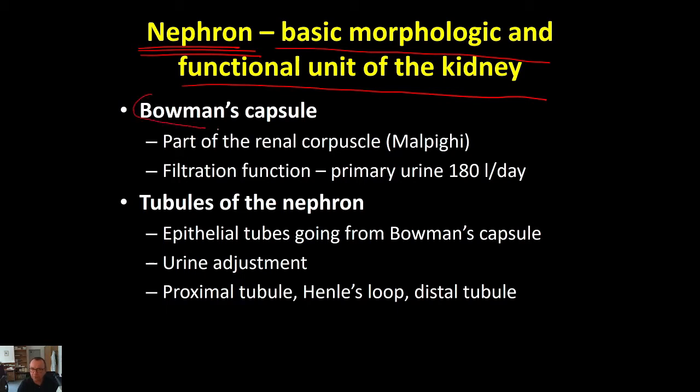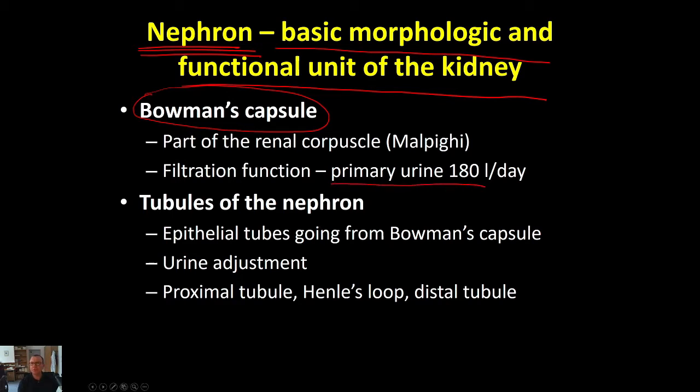Bowman's capsule doesn't look like a tubule, but it is in fact the blind end of the tubular system of the nephron. Bowman's capsule becomes during development a part of the renal corpuscle, has its parietal and visceral layer or leaf, and is very important at the beginning of urine formation because it has a filtration function, and it participates in the formation of primary urine.